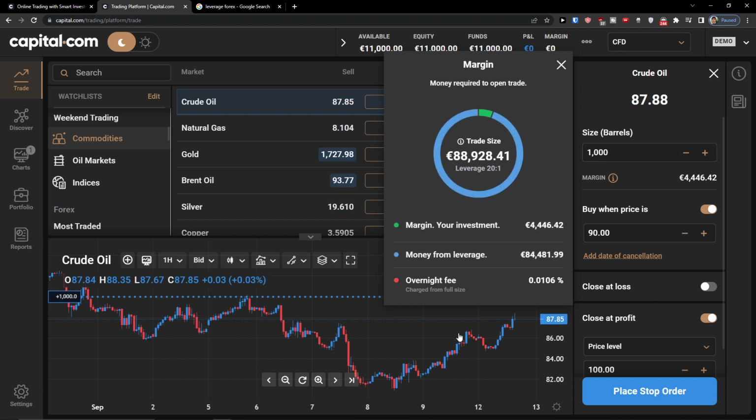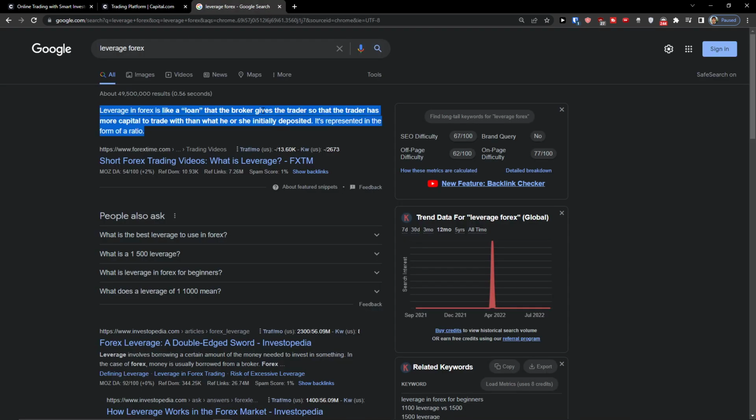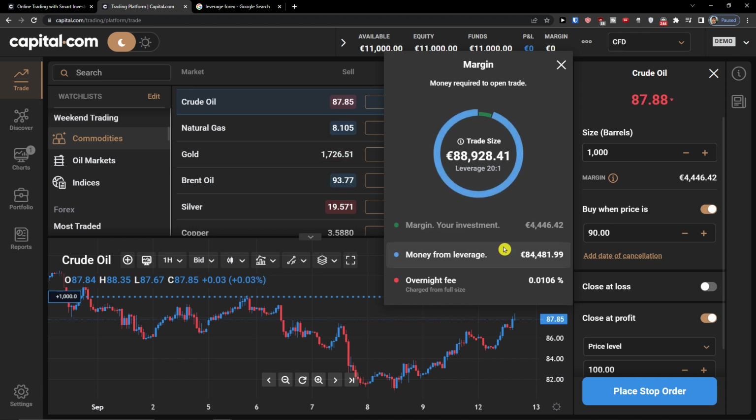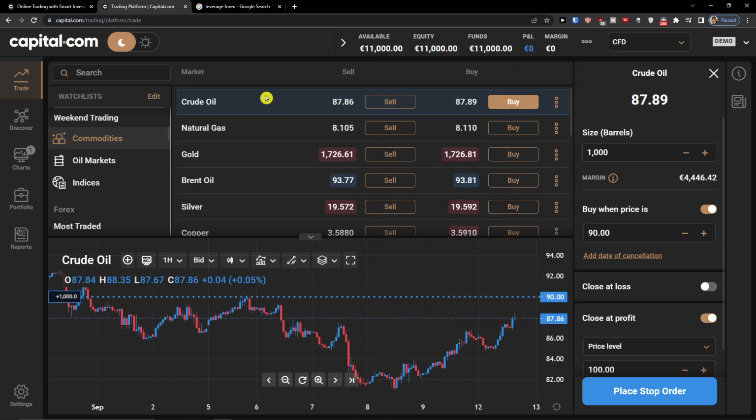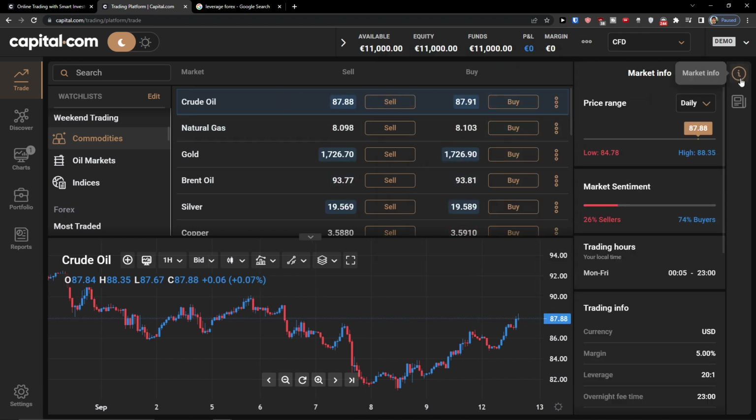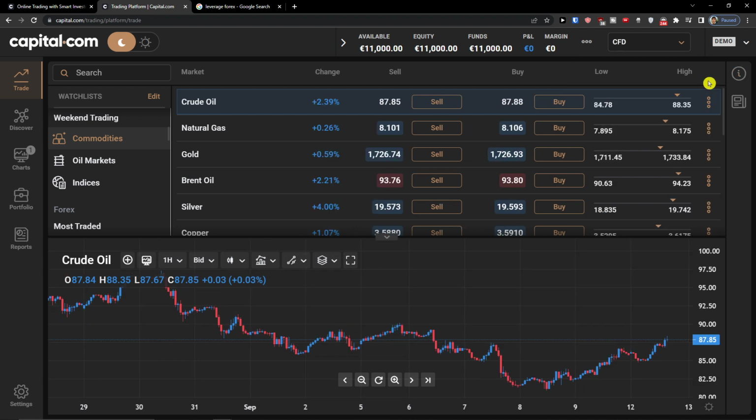So for this small difference, now this is just like ideas what you can do here, but you see the margin you invested, and for that you get this leverage. And as I mentioned, what is the leverage here? But it's risky, of course. Now, this is the leverage of 20 to 1. You got even higher leverage, of course.